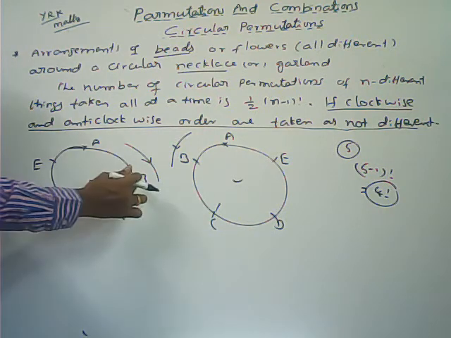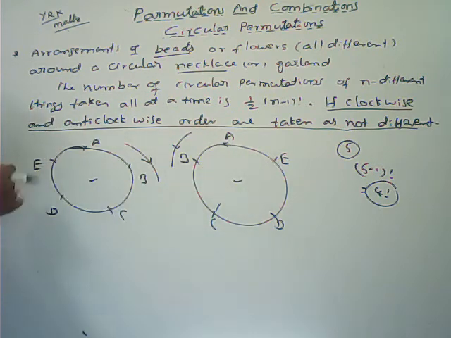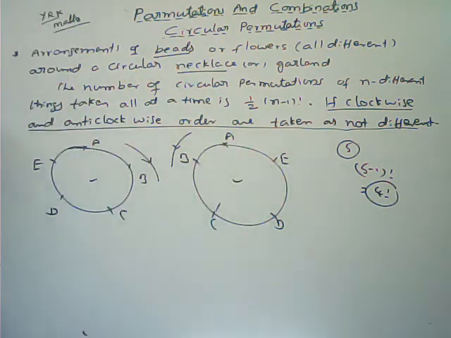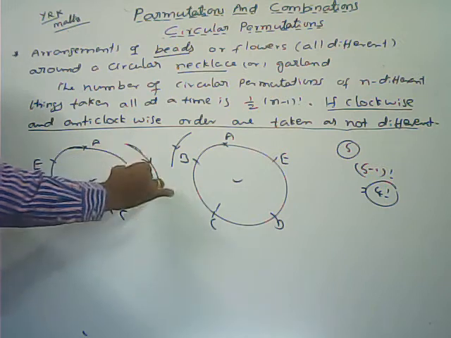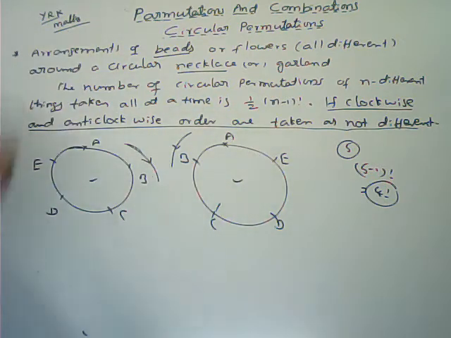Here, what are the neighbors of B? A, C. Here also the neighbors of B are A, C only. What are the neighbors of E? A, D. Here also the neighbors of E are A, D only. But if you observe in one direction, the clockwise direction, these two are different circular permutations. And how to understand the meaning of that?